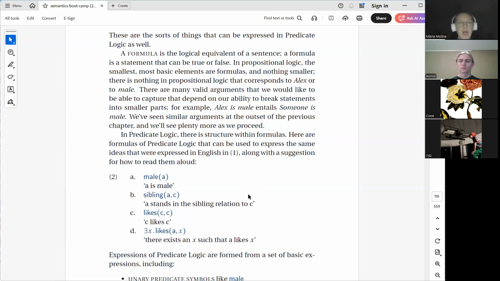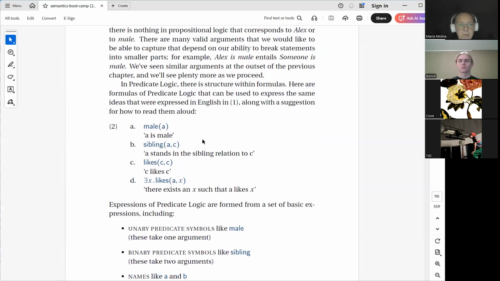Just a reminder. In predicate logic, we have arguments like Alex, or, well, we have a structure within formulas. In propositional logic, we do not see any structure inside a propositional letter. And in predicate logic, there is a structure.